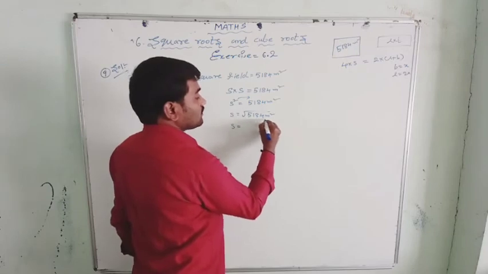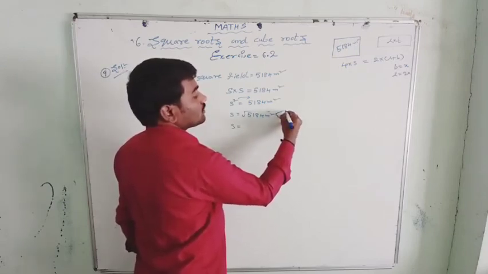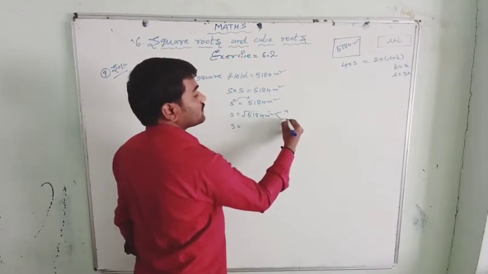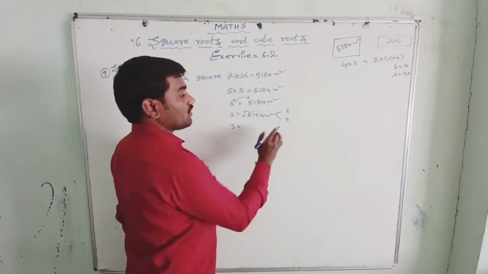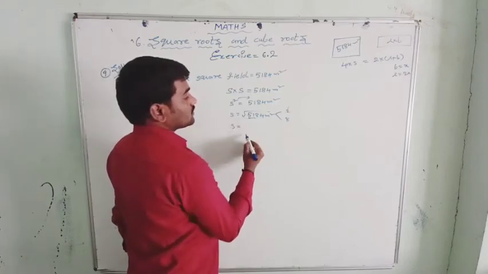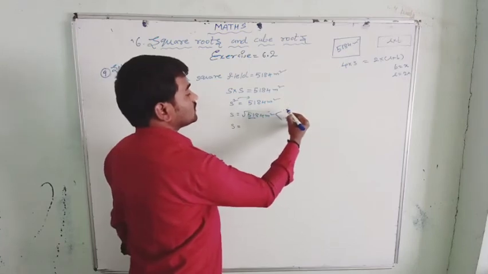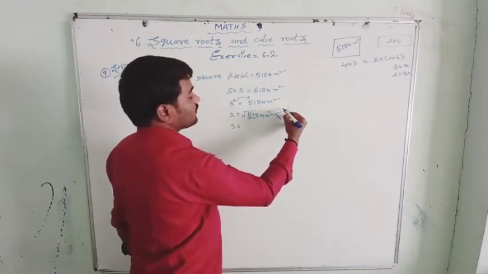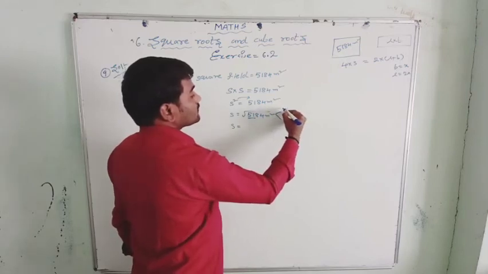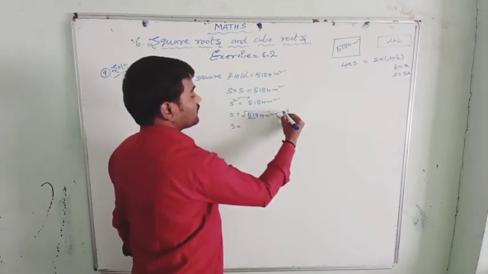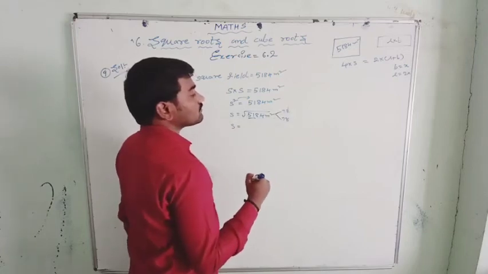So how can we find it? See, the last digit 4 comes when 2 squared is 4 and 8 squared is 64. So these two numbers, 2 or 8. The front part is 51, so before 51 there is a perfect square, 49, which is 7 and 7.